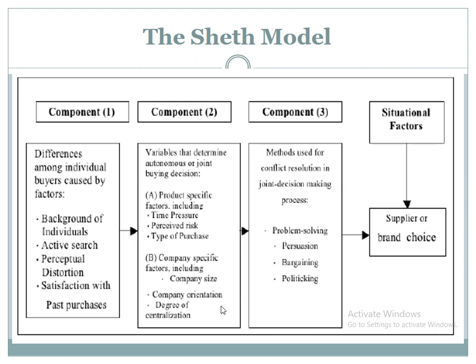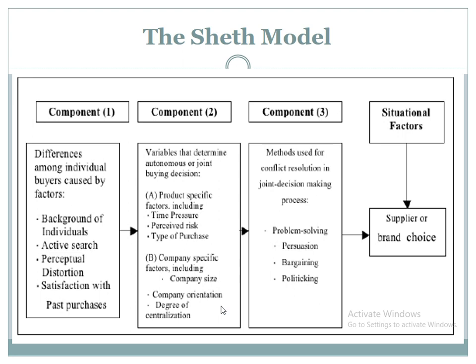Now the differences among the individual buying expectations, that is component 1, are caused by factors like backgrounds of the individuals, information sources, active search, perceptual distortion, and satisfaction with past purchases. The background of individuals depends upon their education, role in the organization, and lifestyle.